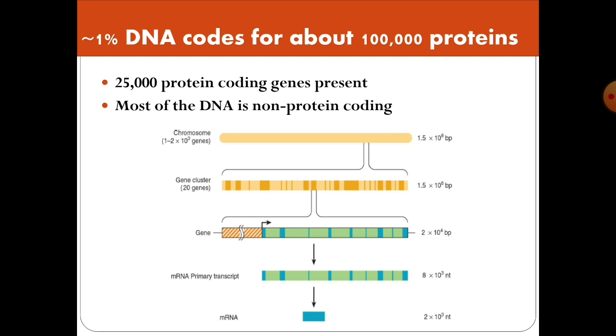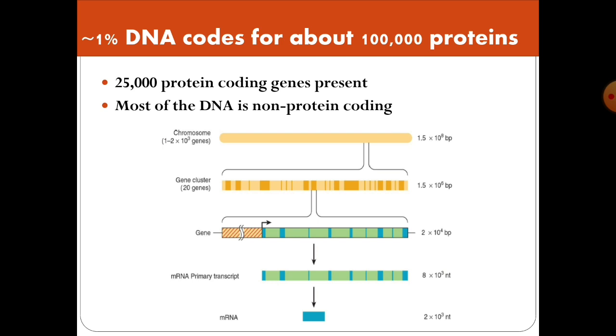If you see the entire length, the chromosome is 1.5 times 10 to the power 8 base pairs. Now, this small chunk we have enlarged to see the gene cluster. Suppose 20 genes are there, it is just 1.5 times 10 to the power 6 base pairs.